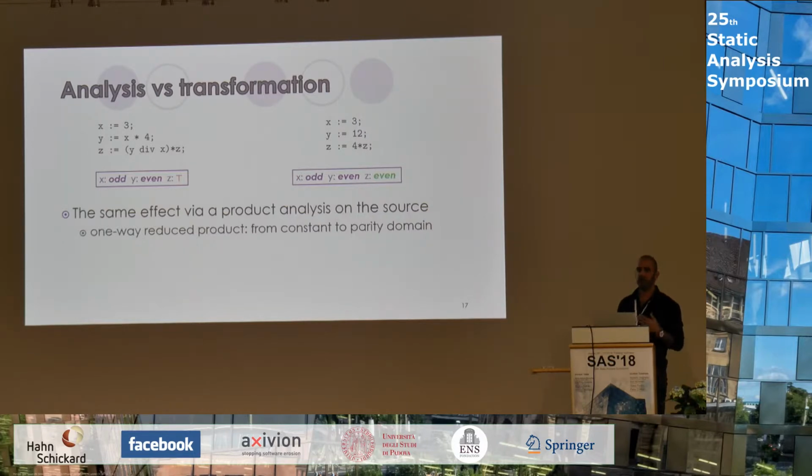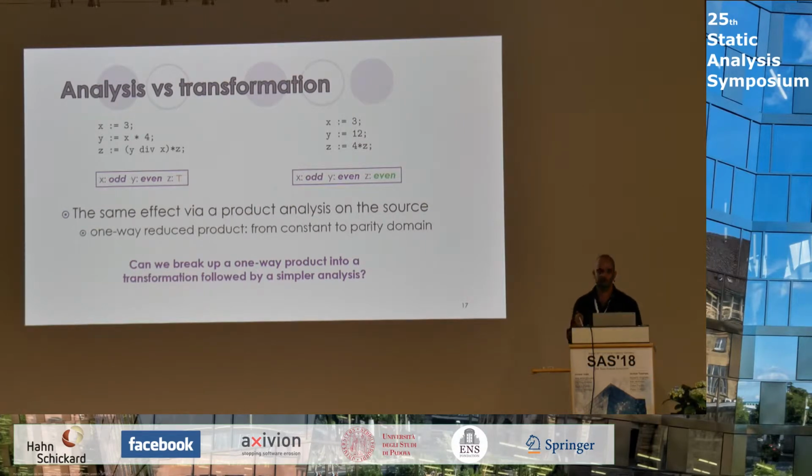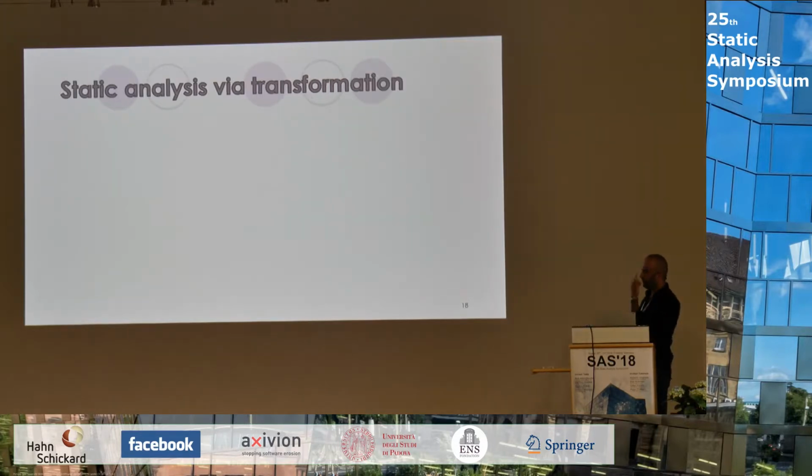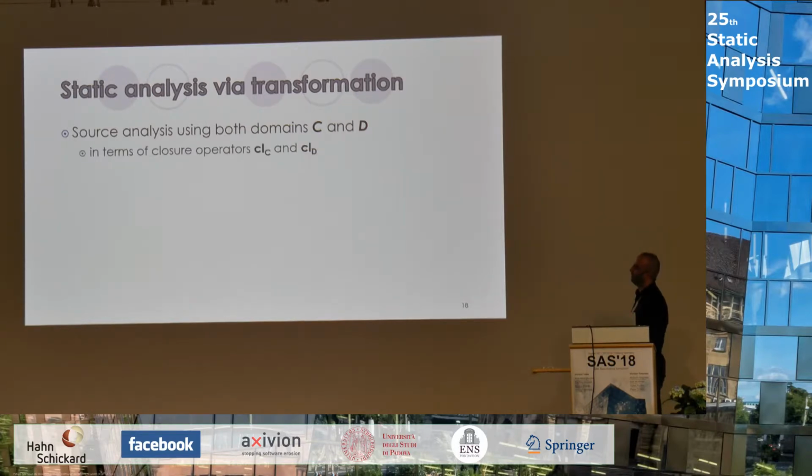Now, this raises a very natural question. So if I have, let's say, a complex analysis, can I break it up into a transformation followed by a simpler analysis? So the answer to this question is yes. This is the way we construct such an analysis. We assume that the reduced product analysis is being done over two domains, C and D, that are again given in terms of closure operators CLC and CLD.